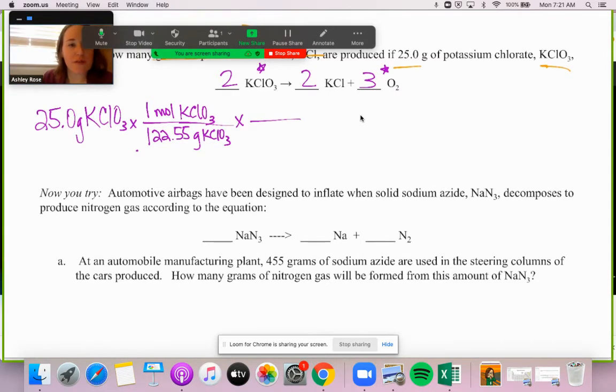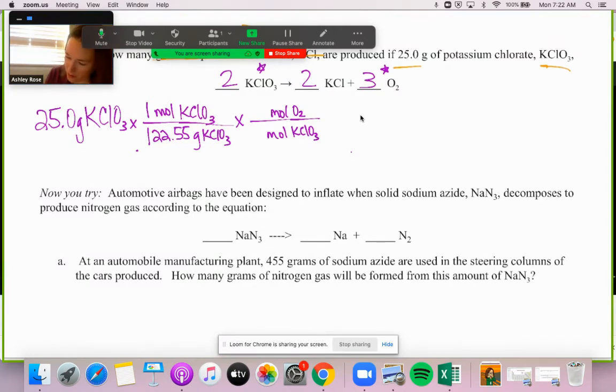So now I want to relate that KClO3 and that O2 using the mole ratio like we did last week. So that is a 2 to 3 ratio. If I want to get rid of moles of KClO3 and go to moles of oxygen, my moles of KClO3 must go in the denominator, and my moles of oxygen must go in the numerator. Now, this is not going to be a 1-to-1.